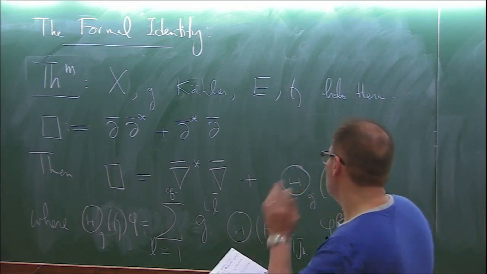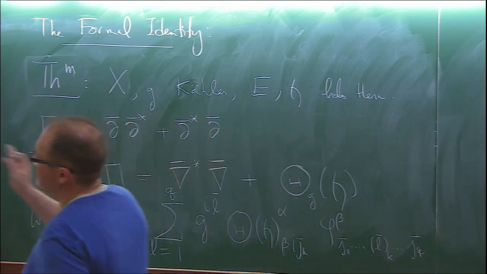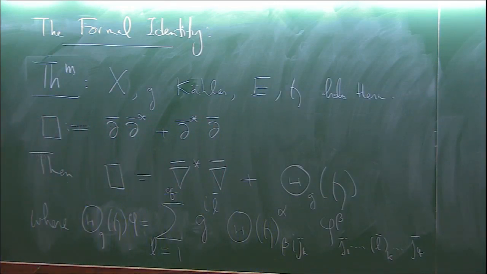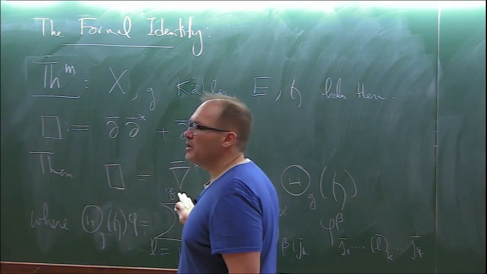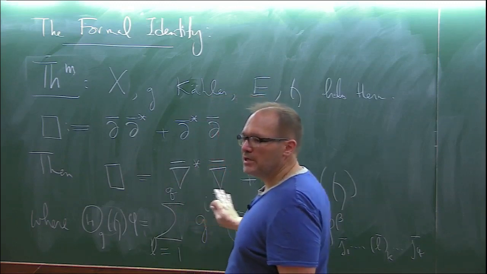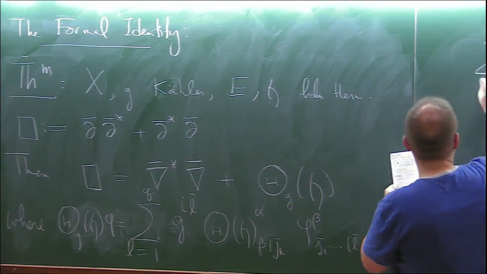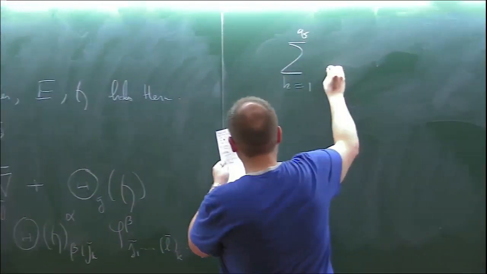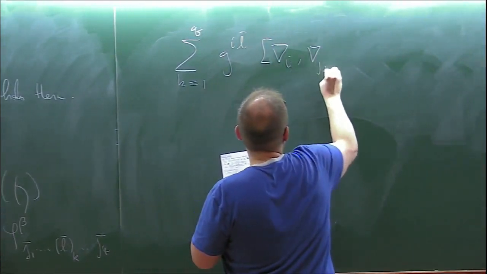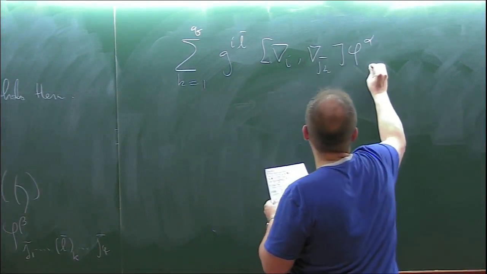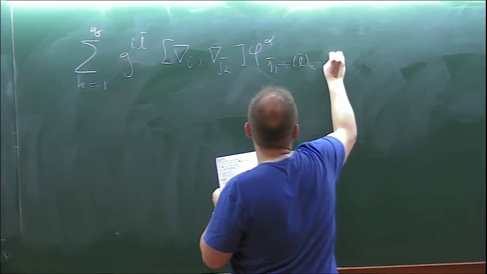Essentially, the way you prove it is you just take the formulas that we had for these things and you compute this box. You will see that one of the terms that appears is this one, and then the rest of the terms look something like this: G I L bar, nabla I, nabla J K bar, phi alpha J1 bar, L K bar, up to JQ bar.